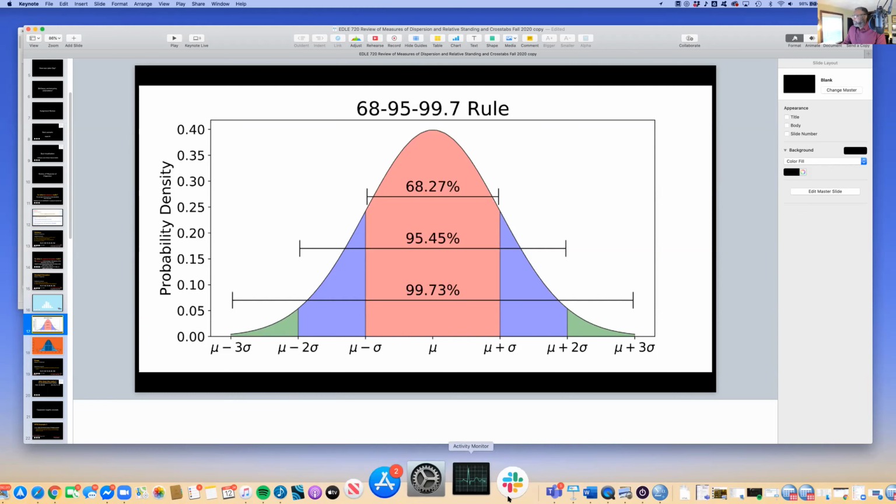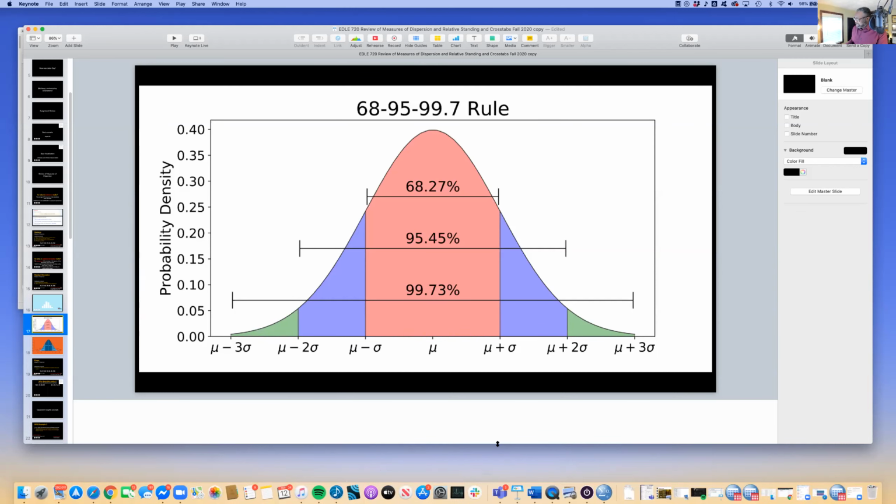I don't think so. 3 standard deviations above the mean would be 2.6 times 3, so that would be 7.8 inches plus or minus 68.5 inches.